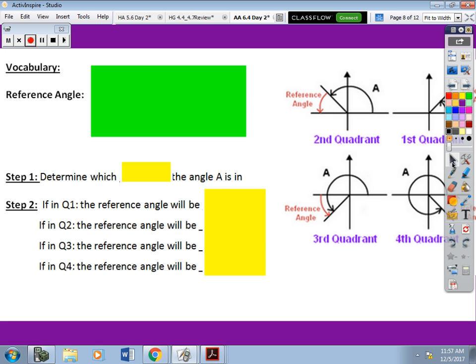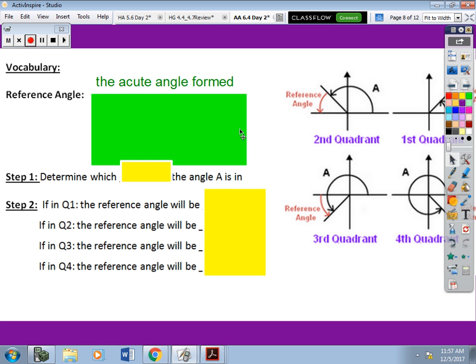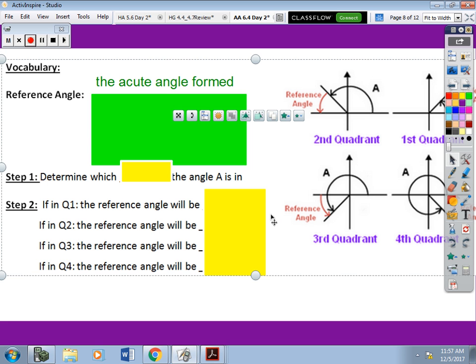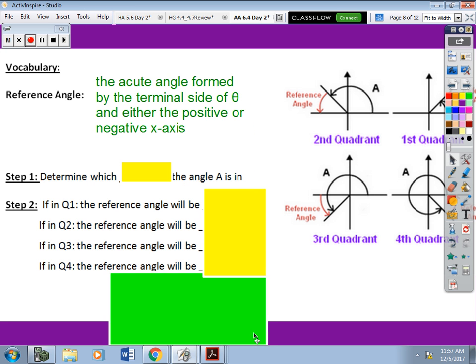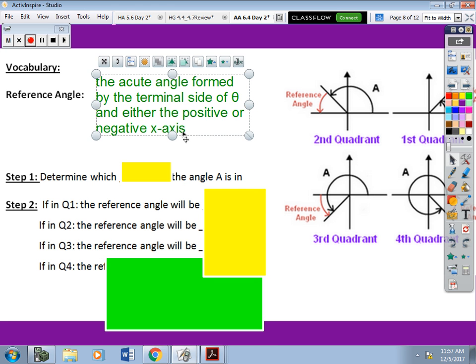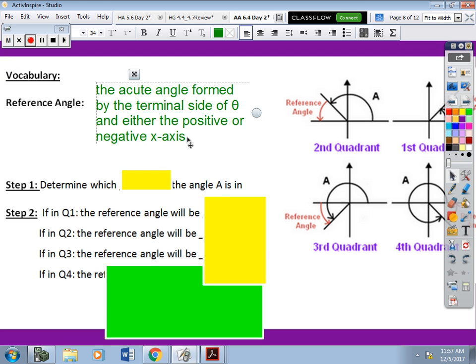So the formal definition says that it's an acute angle formed by the terminal side of theta, and let me just make this a little shorter for you, and the x-axis instead of saying positive and negative x.